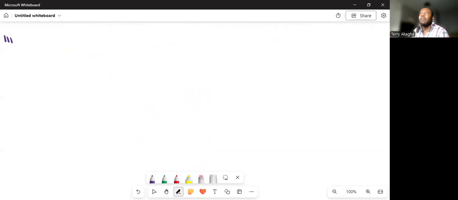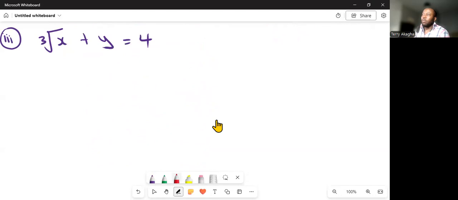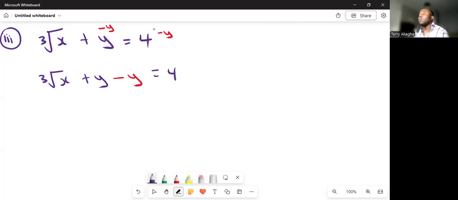So we have this one here. We have the cube root of x plus y is equal to 4. So I can get rid of the y. I'll subtract y from both sides. So we're going to have the cube root of x plus y minus y will be equal to 4 minus y.